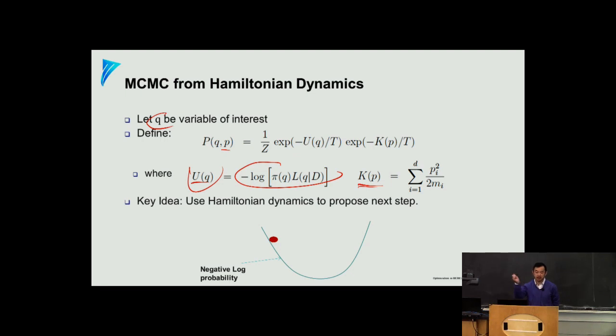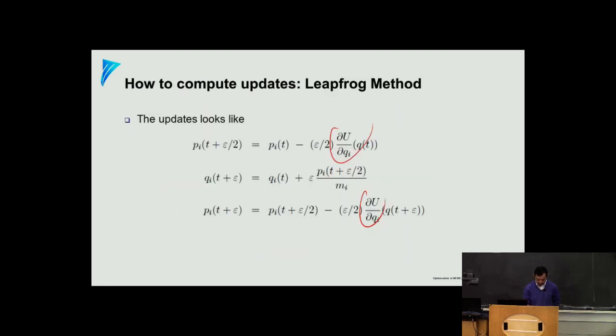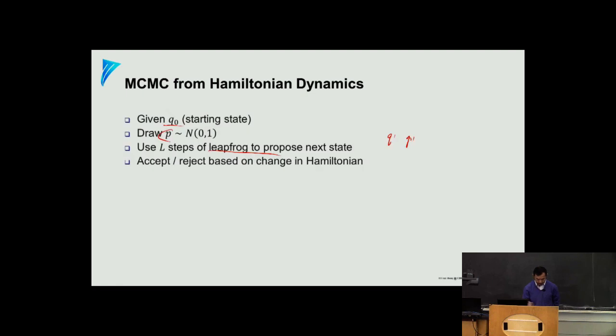And therefore, the gradient of that is directly involved in the proposal of the next step. You are going to use this to propose where your next Q will be. And then you are going to also apply an acceptance and rejection protocol based on the change of the Hamiltonian to take that sample or not.